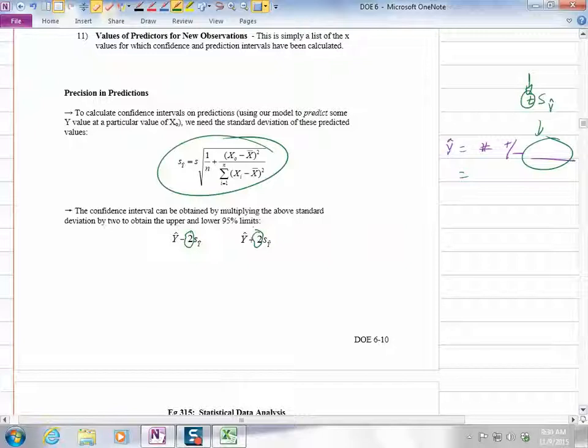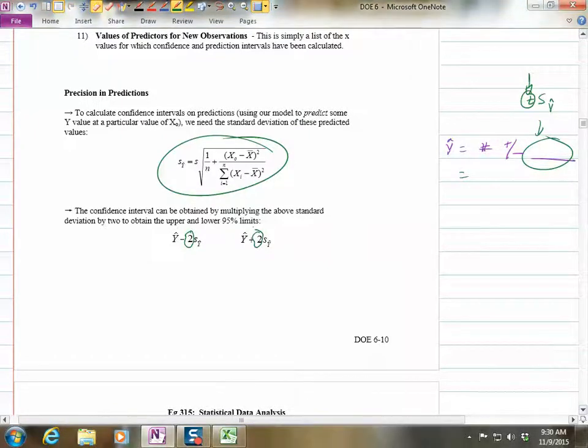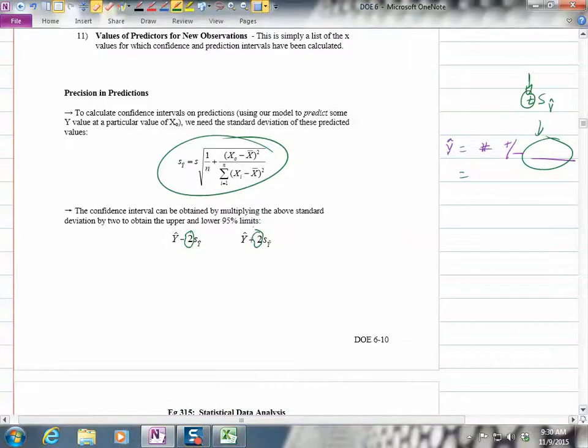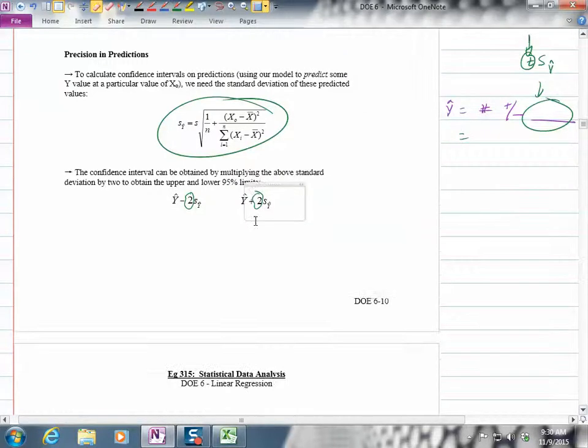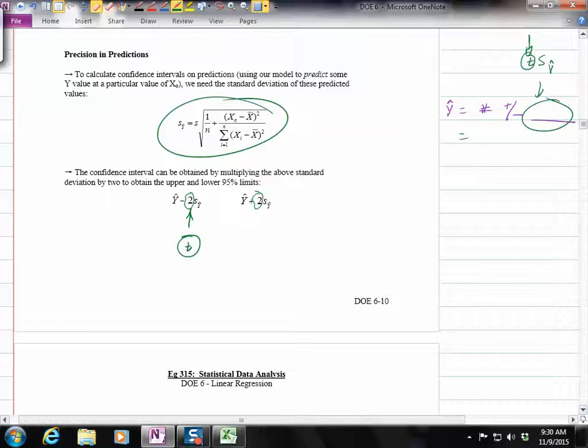For model predictions, just a convention is to make it easy and say, report your model predictions with plus or minus 2 s of y hat. So you just pick a 2 for your t-value. A bit unsatisfying, but it is simpler. So anyway, don't get too worked up about that. It is just a convention that people use.